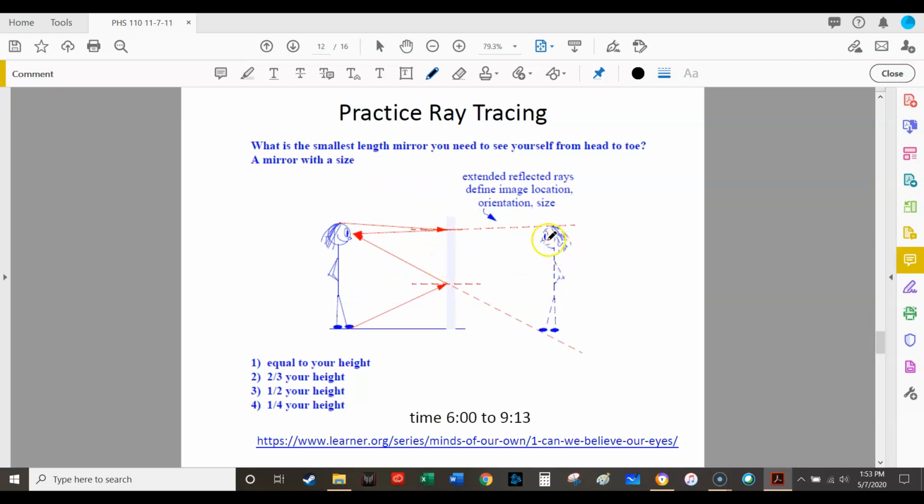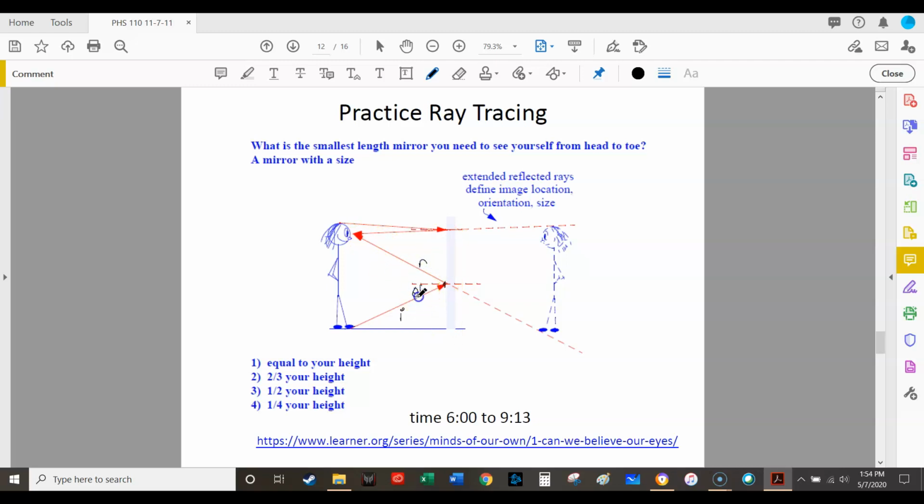Your mirror image person, which is kind of like your twin, is standing at exactly the same distance that you are. What you're seeing is the incident light rays coming off your feet, hitting the interface of the mirror, and bouncing off at the same angle. This is the reflected angle.